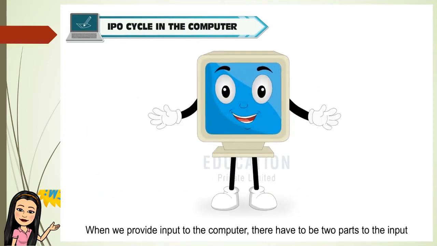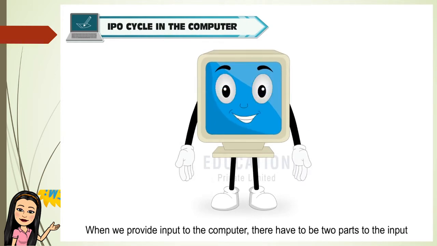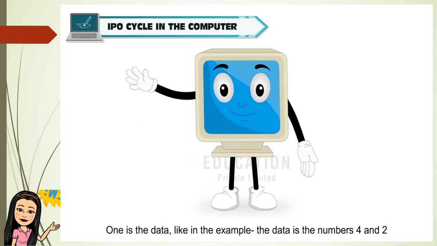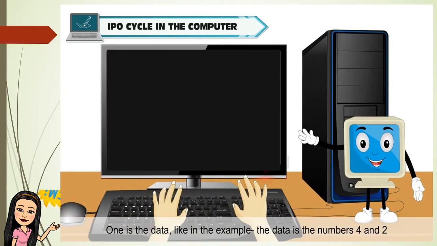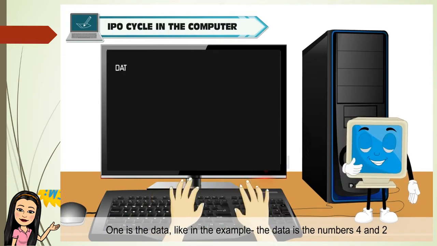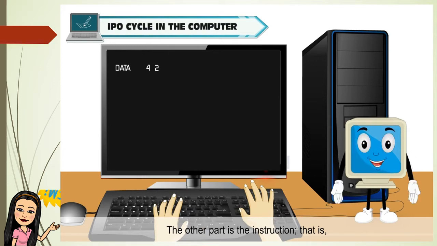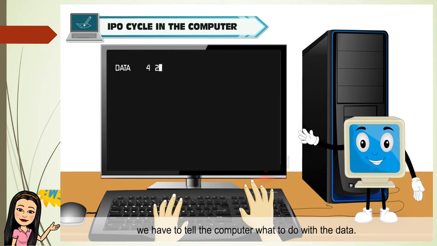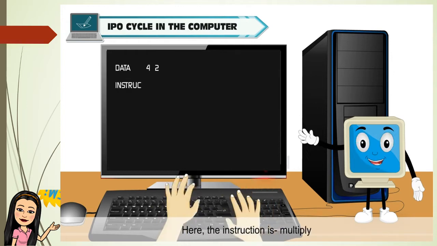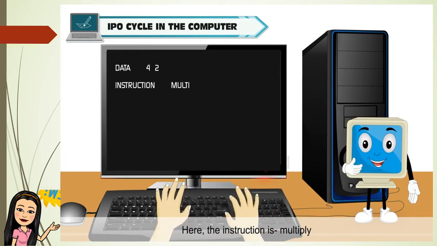When we provide input to the computer, there have to be two parts to the input. One is the data. Like in the example, the data is the numbers 4 and 2. The other part is the instruction. That is, we have to tell the computer what to do with the data. Here, the instruction is multiply.